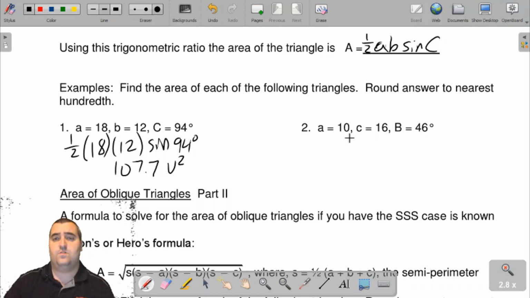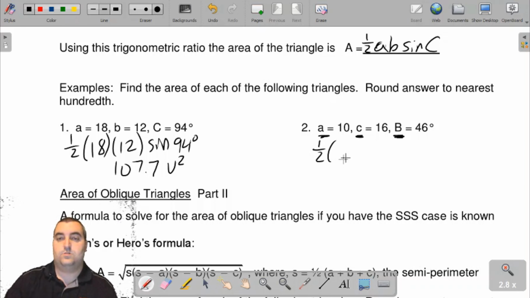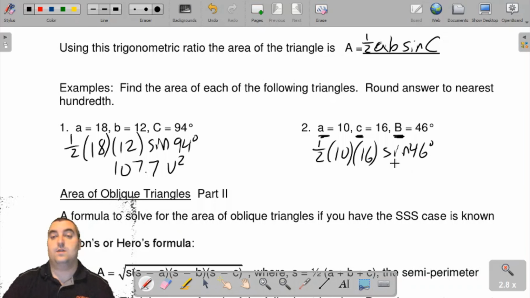Just realize though, if you're given other parts of the triangle, it just has to be two sides, so side A and side C, and then the angle in between. You have to have one of each letter, basically. So here it's the same exact formula, but now it's 1/2 A times C, because those are the two sides, times the sine of the angle in between.